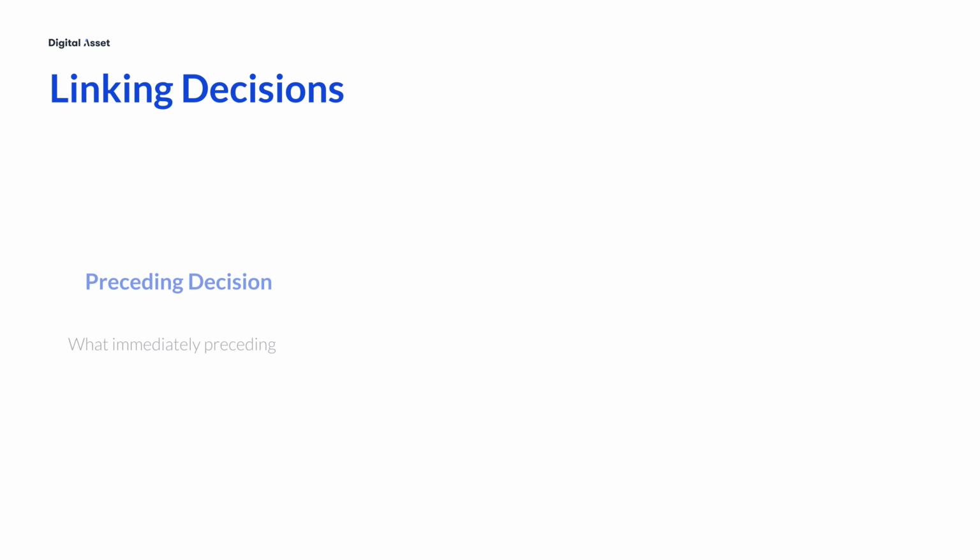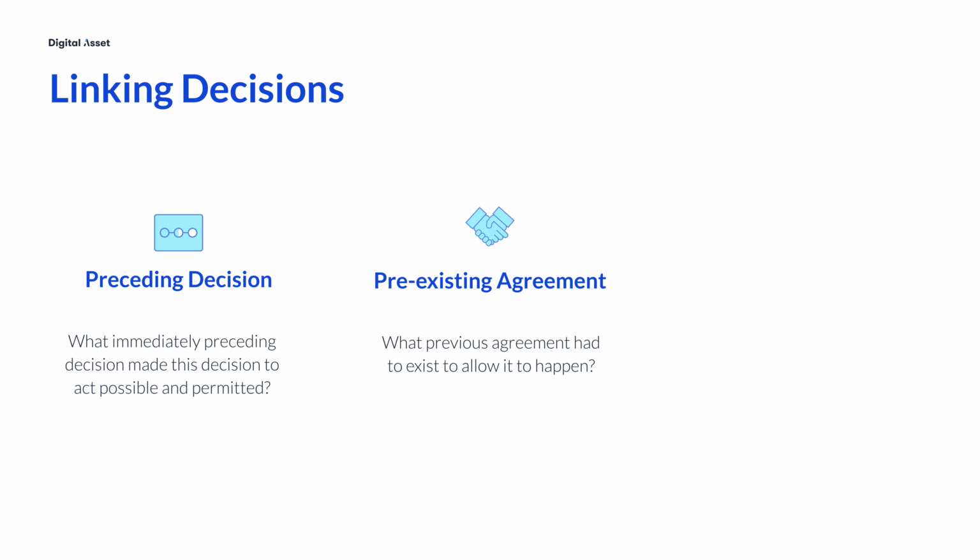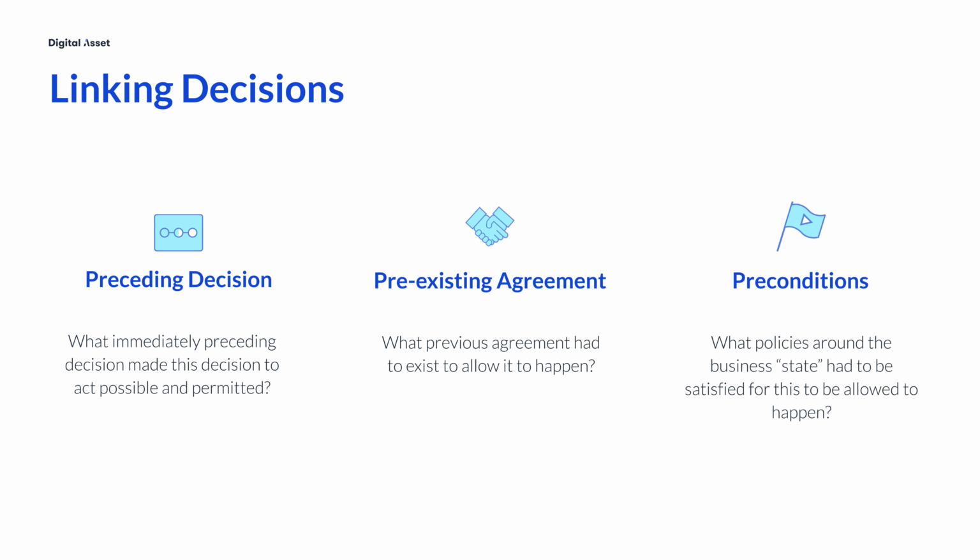Specifically, what immediately preceding decision made this decision to act possible or permitted? What previous agreement had to exist to allow it to happen? What policies around the business state had to be satisfied for this to be allowed to happen? Each of these results in at least one prior business event in the workflow that must have occurred.